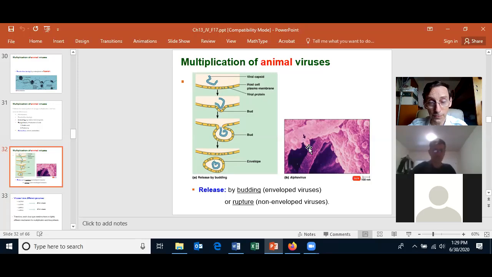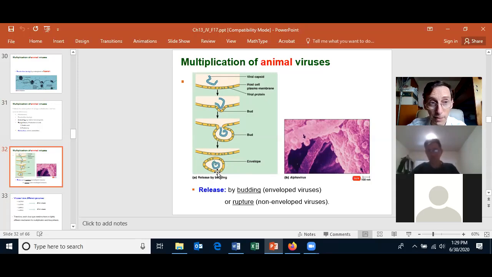And there's an actual electron microscopic picture of that happening. And you see these blue regions in that membrane? Those are actually the viral proteins in the envelope, or the glycoproteins in the envelope.